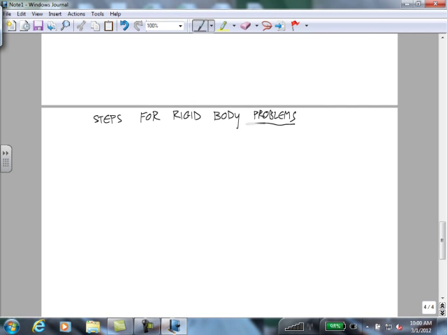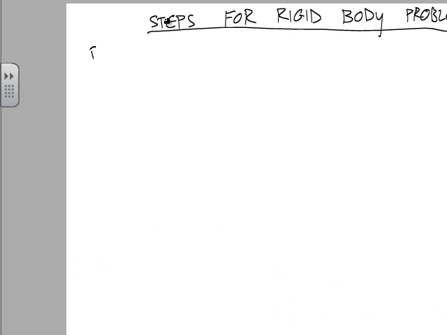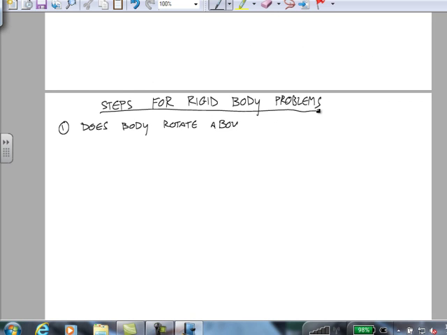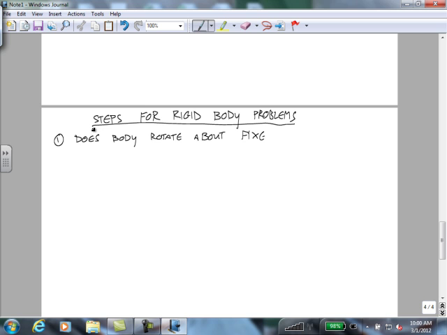First, does the body rotate about a fixed point? If yes, your about point is the fixed point.